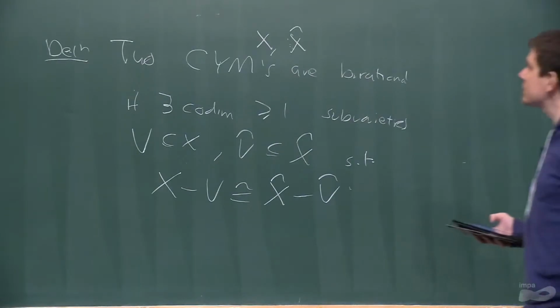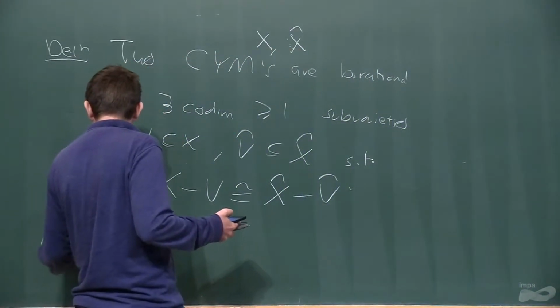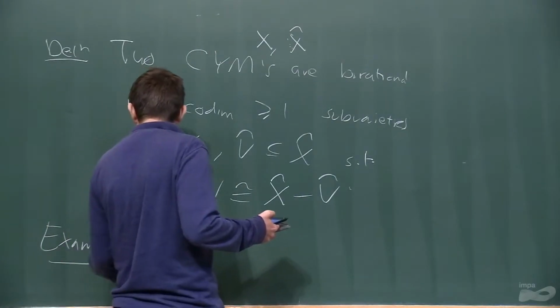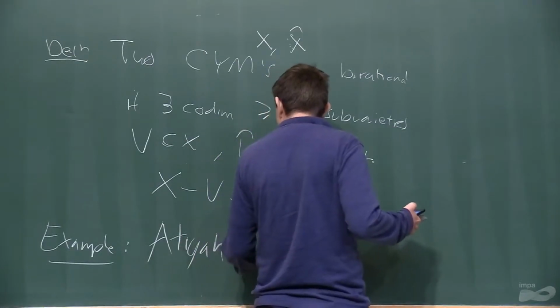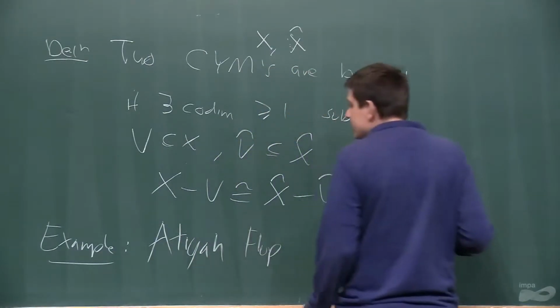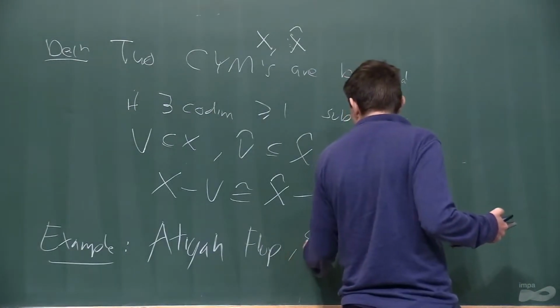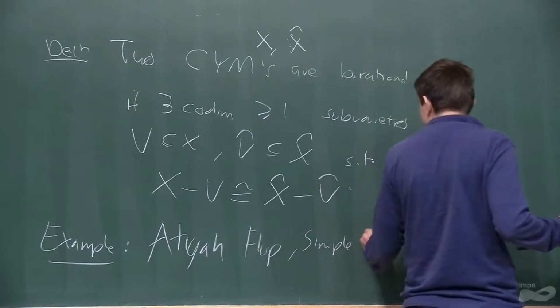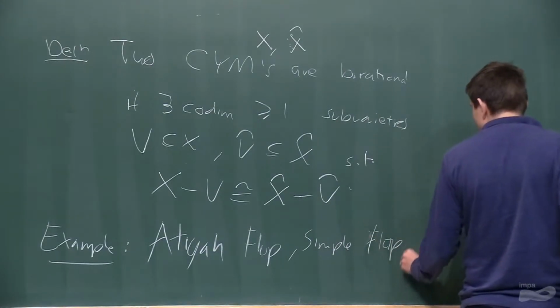And an example of such a birational transform is the Atiyah flop. And then there's other examples, there's sort of more general ones. There's something called a simple flop, which is more general. And then there's something called an ordinary flop.